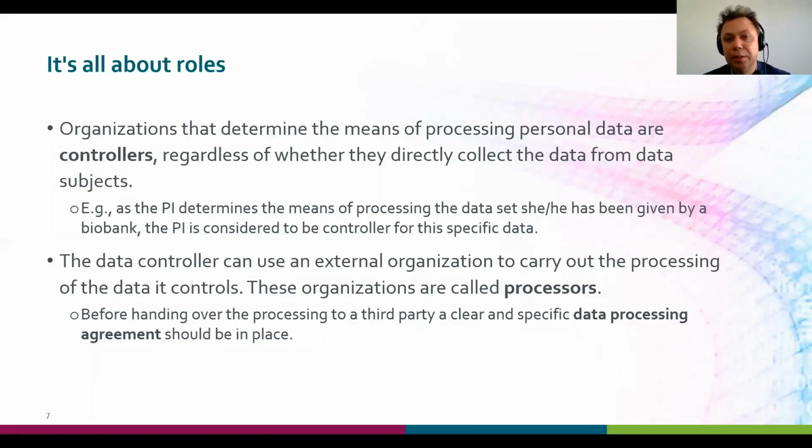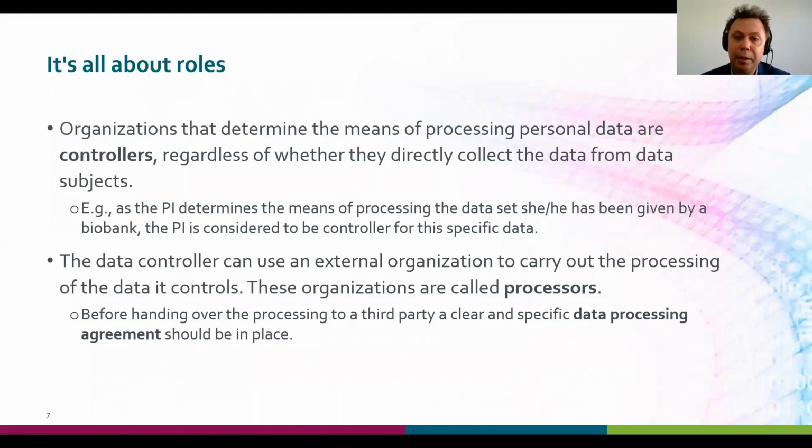The organizations that collect the data and control it are called the registry owners, and they define how this data can be used, and then there can be an instance that provides the data platform that is called the processor. There will always be a legal agreement between the processor and the controller.